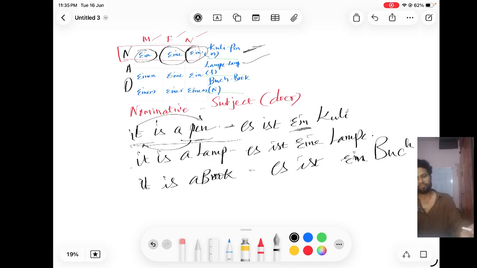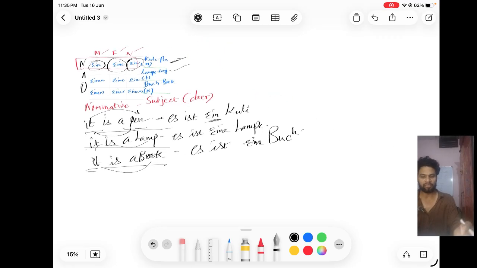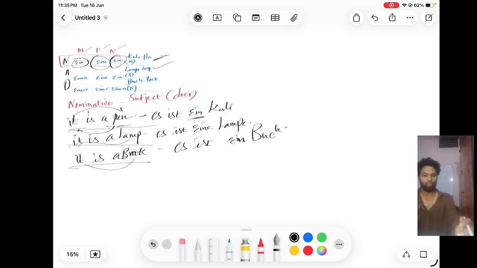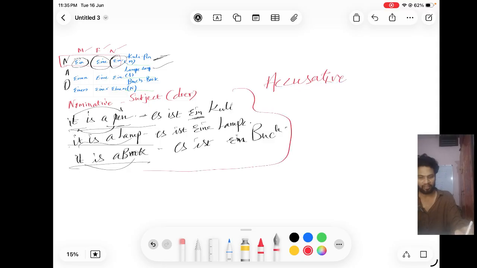So now we have nominative: masculine, feminine, and neuter. It is a book. It is a lamp. It is a pen. All these are the subject. Now we are going to learn accusative. What is accusative? Accusative basically is the direct object.